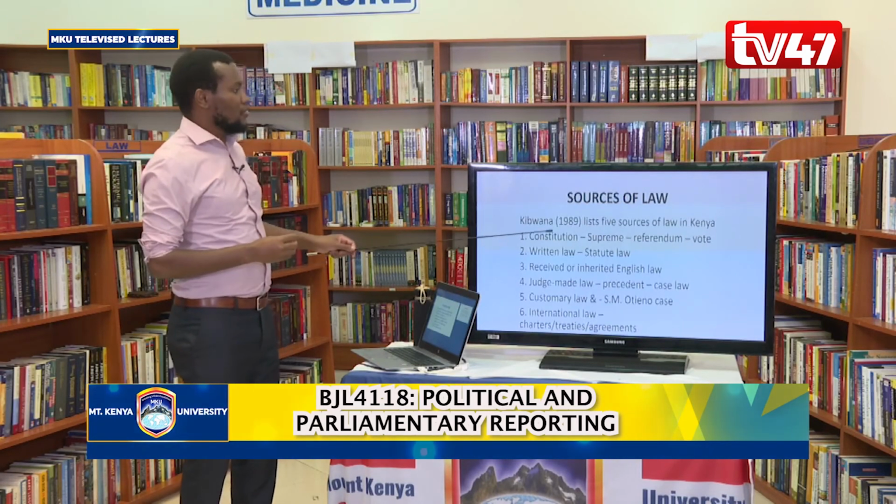So if you look at what Professor Kivutha Kibwana is writing in his treatise of 1989, he is explaining that in Kenya we have different sources of law. And parliament is just one of those, which makes what you call the written law, the statute law. That is what parliament debates. But there is the supreme law, which is the Constitution of Kenya.